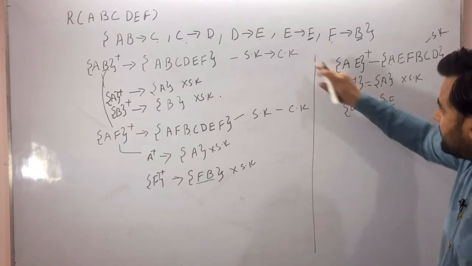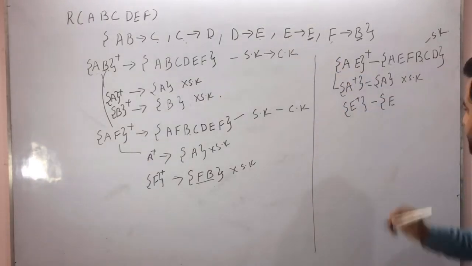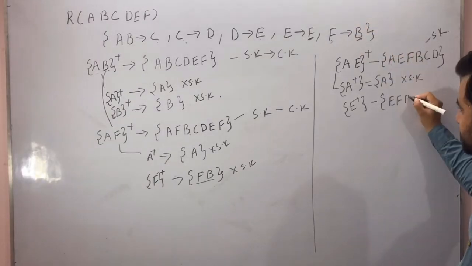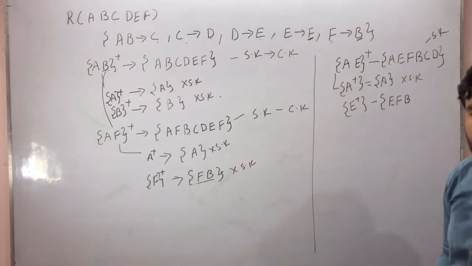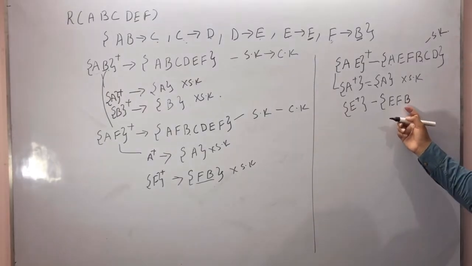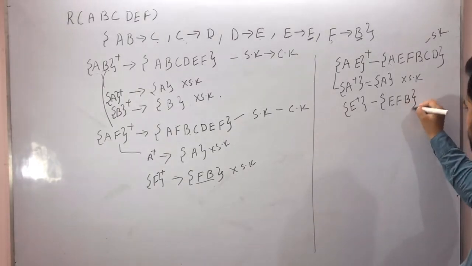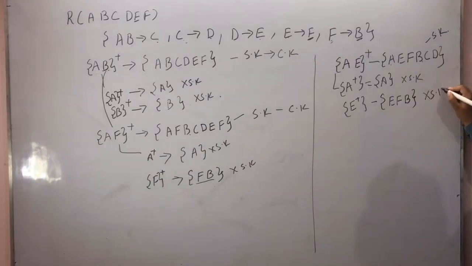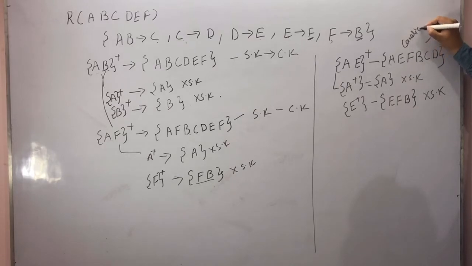We'll get E. From E I'm going to F. So F is here. From F I'm going to B. Okay, and from B I'm not going anywhere else. So what is the meaning? These are the attributes. So this is also not a super key. So what is the meaning? This is a candidate key.